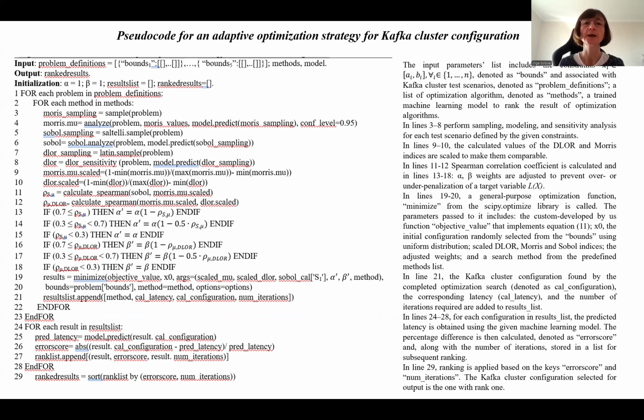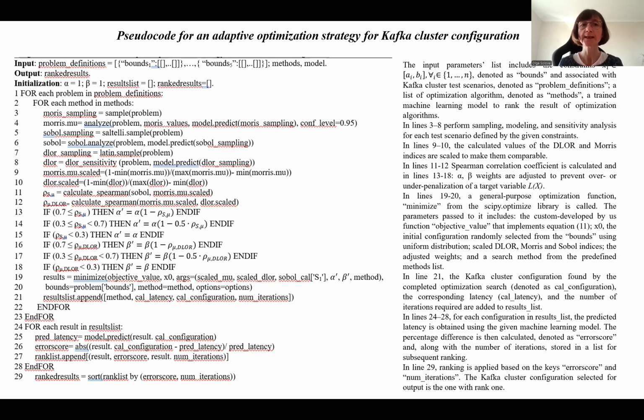The input parameters of the algorithm are the Kafka cluster configuration parameter values defined in the interval, denoted by the bounds, then the list of optimization search methods that are suggested, and as a model, the machine learning model that is going to be used for verification. These are the input parameters.